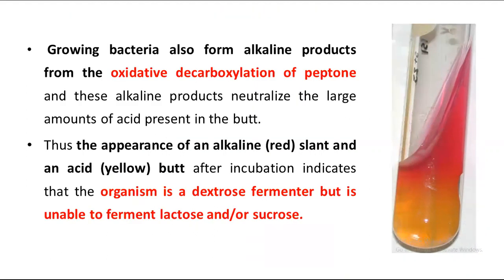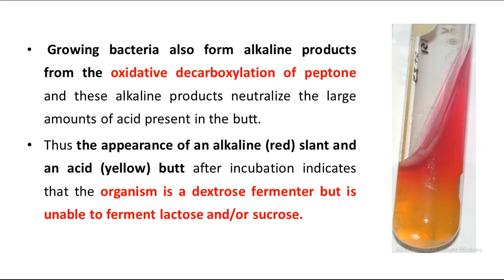Again, now this is the text form: growing bacteria also form alkaline products, known through oxidative decarboxylation of peptones. Peptones are amino acids, and oxidative decarboxylation means carbon dioxide is produced, and oxygen is also involved.